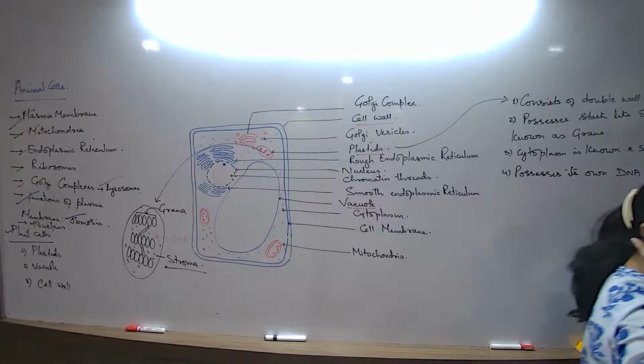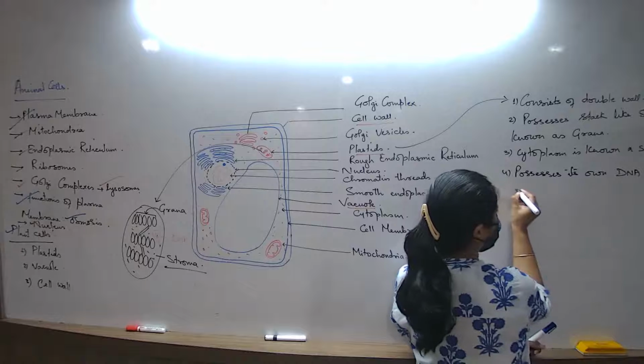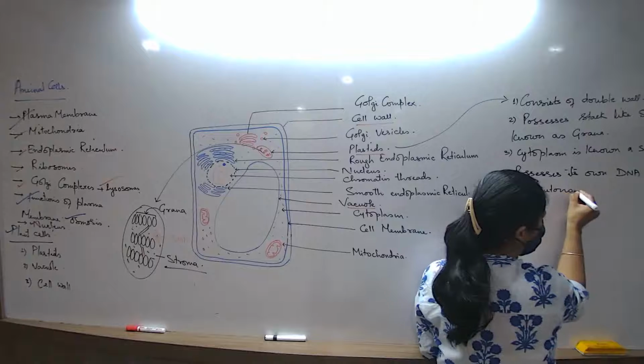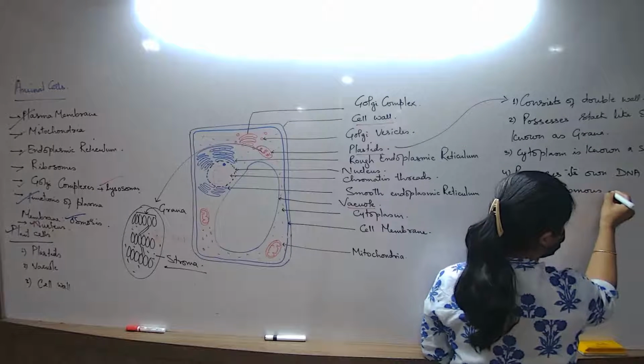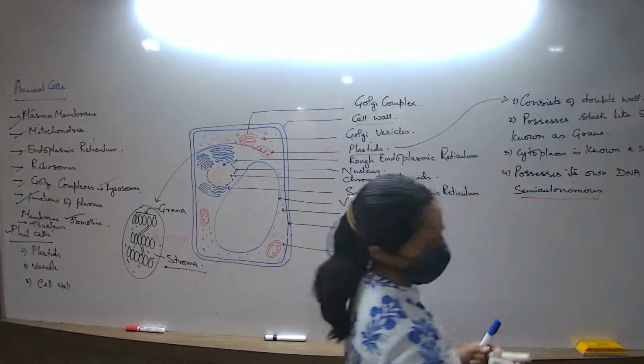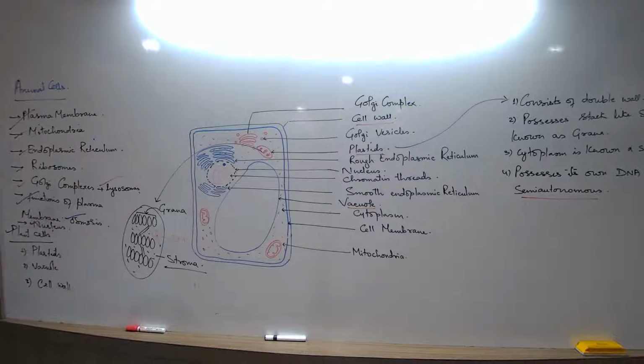Another cell organelle which has got its DNA is plastids. So possesses its own DNA. That is the reason it is known as semi-autonomous. देखो, it possesses its own DNA. इसीलिए इस ऑर्गेनल को सेमी ऑटोनोमस कहा जाता है। What is the meaning of semi-autonomous? What is the meaning of autonomous? जो इंडिपेंडेंट है, किसी पे डिपेंडेंट नहीं है, उसको बोलते हैं ऑटोनोमस। तो इसको सेमी ऑटोनोमस क्यों बोला जाता है?